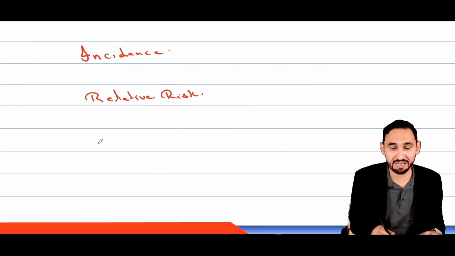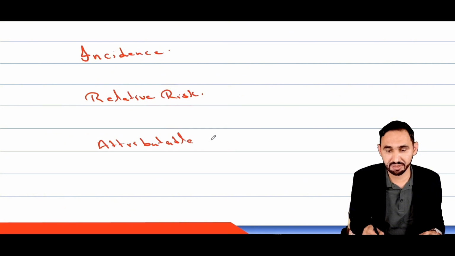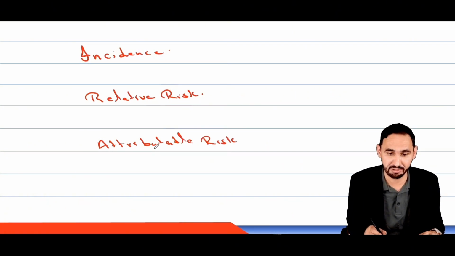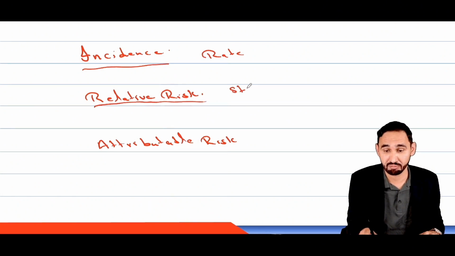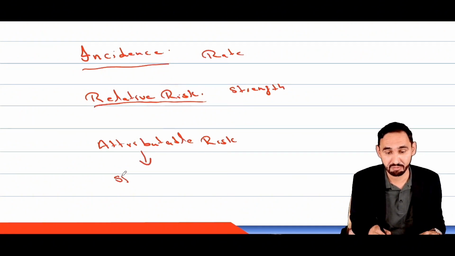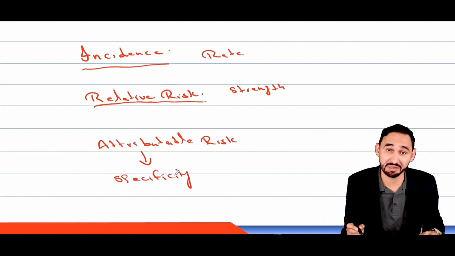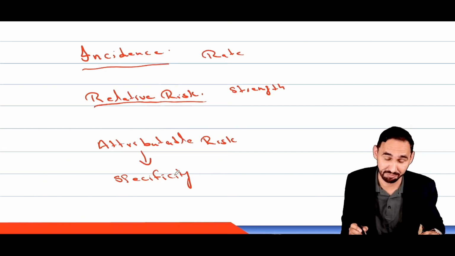Then we will measure attributable risk. What does attributable risk indicate? It indicates specificity of association. So incidence measures the rate. Relative risk measures the strength. And attributable risk measures the specificity, whether this risk factor is specific to the disease or not.